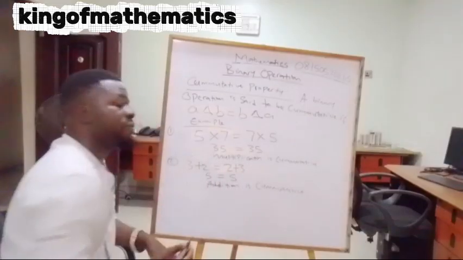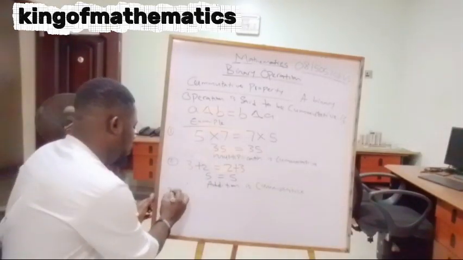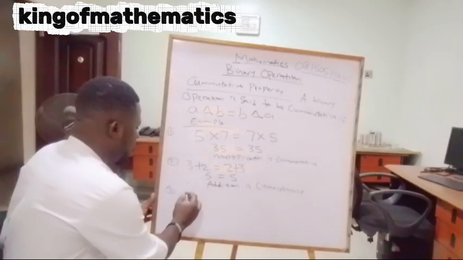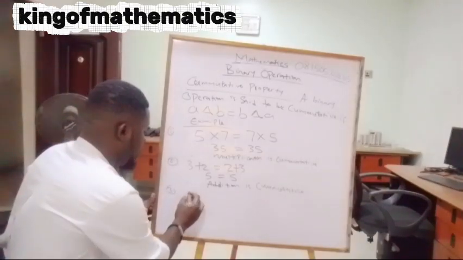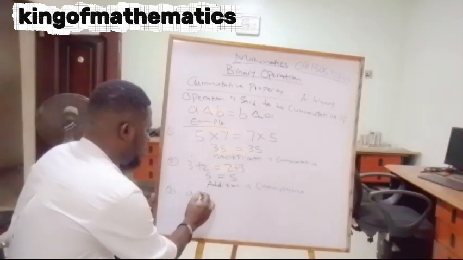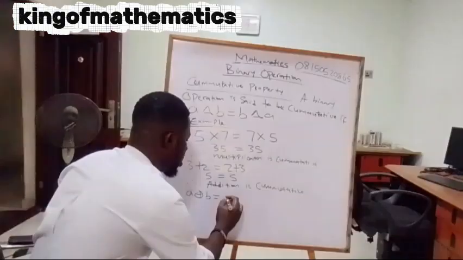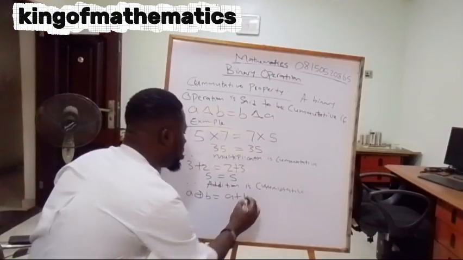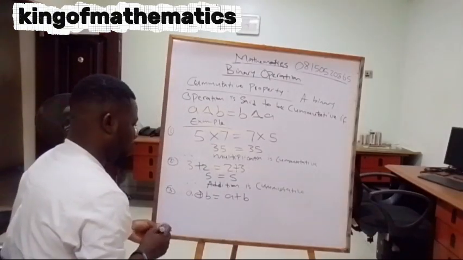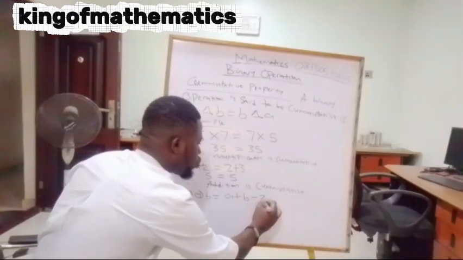So if you want to confirm, let's see an example. Let's say you are given A operation B is equal to A plus B minus 2AB.